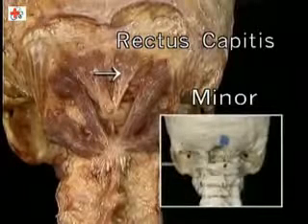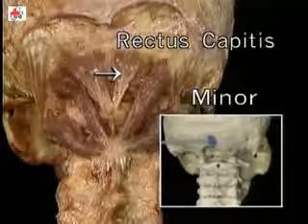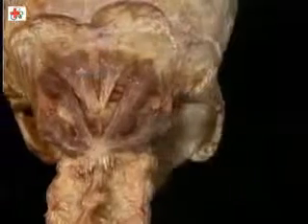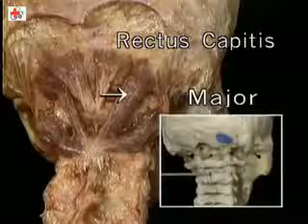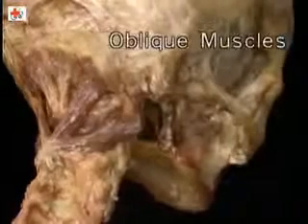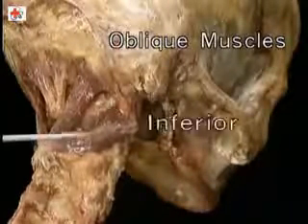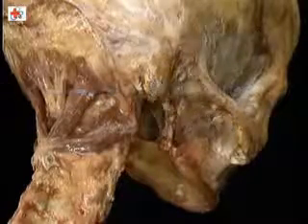Rectus capitis minor goes from the middle of the posterior arch of the atlas to this area on the occiput. Rectus capitis major goes from the spinous process of the atlas to here on the occiput. Here are the 2 oblique or obliquus capitis muscles, the inferior and the much smaller superior.